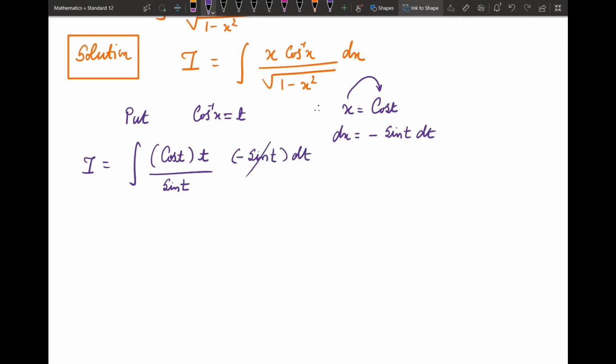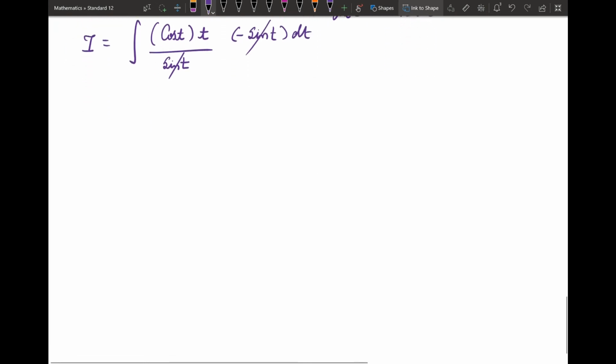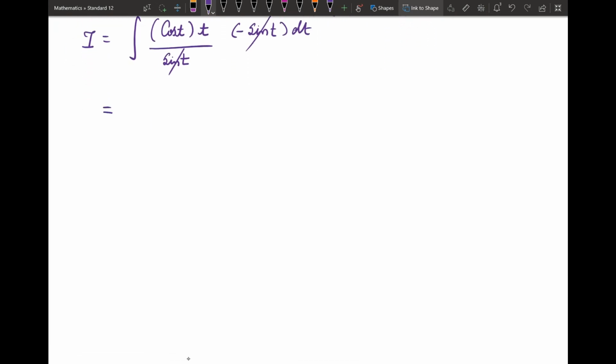So sin t we can cancel, so now this is minus t into cos t dt.